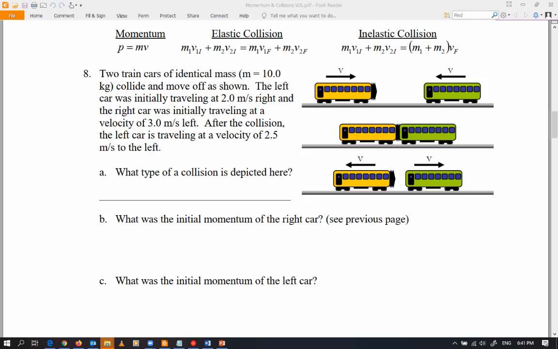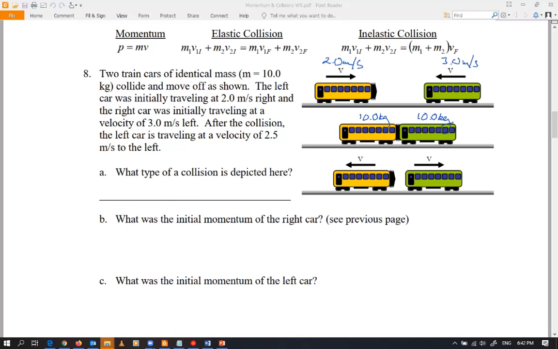Okay, so again, if we say that m1 is 10.0 kilograms and m2 is 10.0 kilograms, we need to talk about our velocities. The left car was initially traveling at 2.0 meters per second, and that's headed to the right. And the right car was initially traveling at 3.0 meters per second, and that's heading to the left.